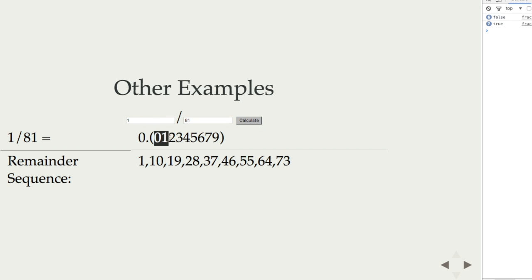You have 0, 1 to 9, but actually you are missing 8. So this is 0, 1, 2, 3, 4, 5, 6, 7, and then missing 8, and then 9.